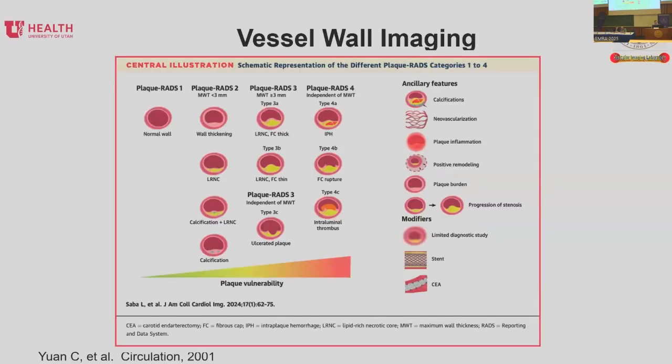One major recent advancement in this field, in fact, is this paper published with Luca Saba as the lead author with a group of so-called experts in this field, introducing this Plaque-RADS. It's a way of reporting what you see on images, not limited to MRA, but also CT and ultrasound.